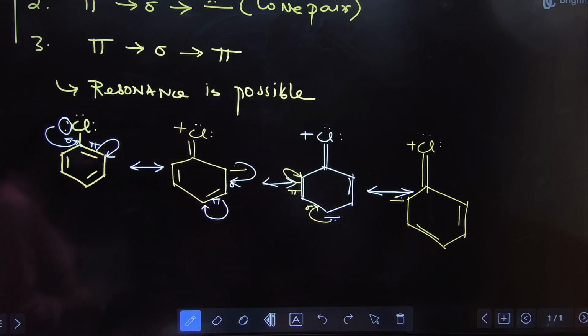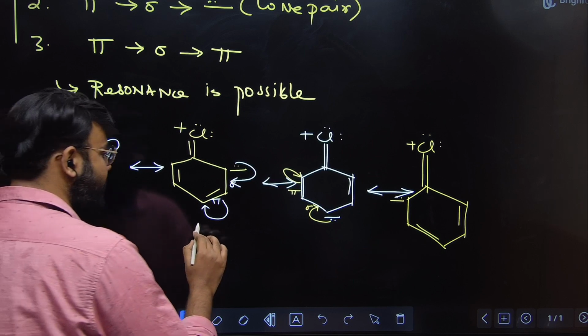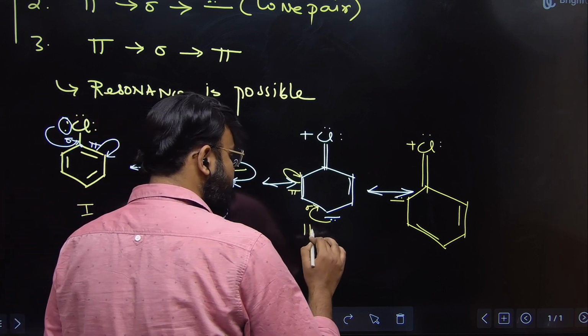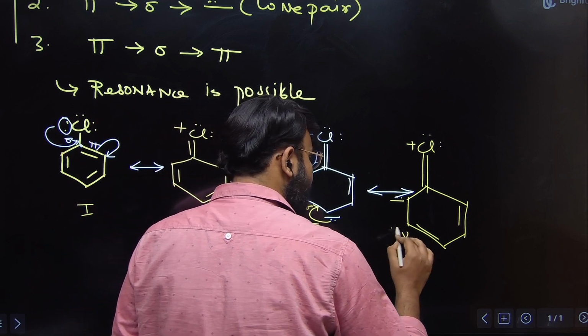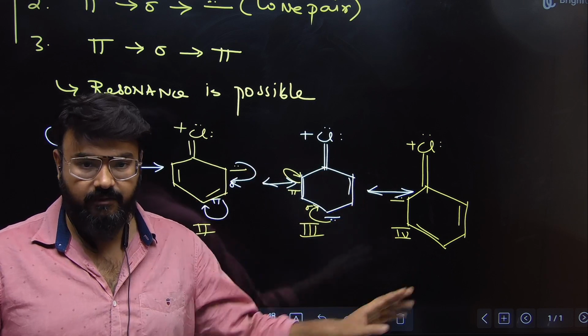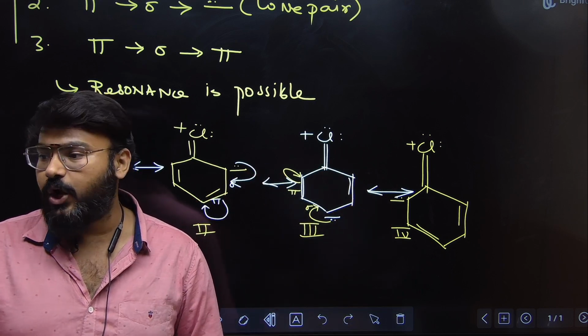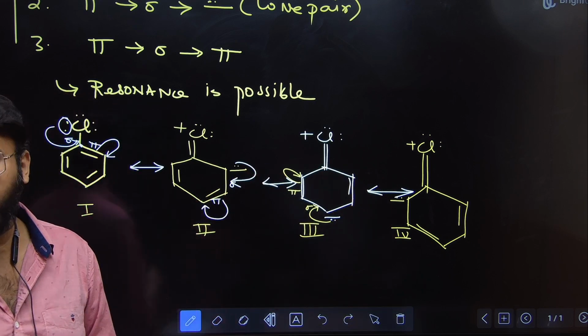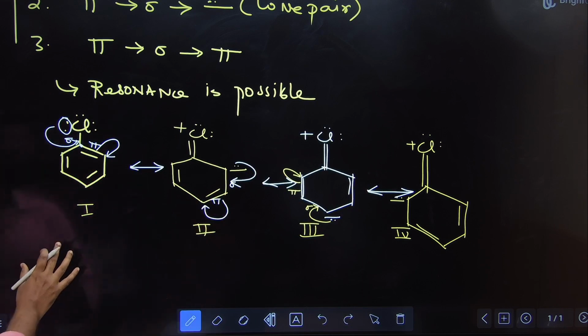I think it's clear for everyone. Got it? The fourth one. Okay, Tanishka. One, two, three, four. All these resonating structures you are drawing are also called canonical forms in the NCERT book.